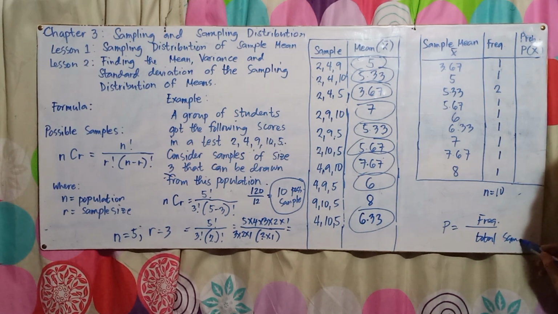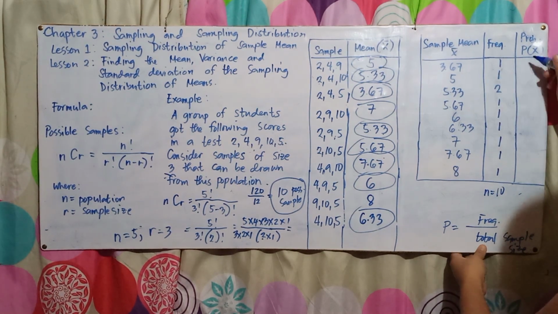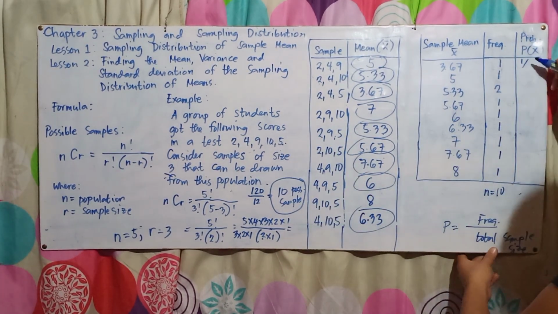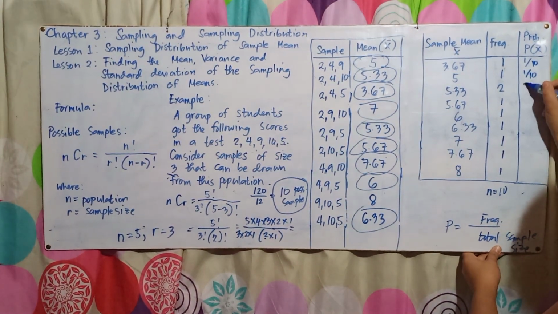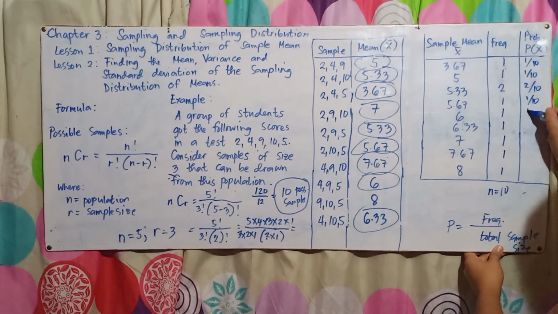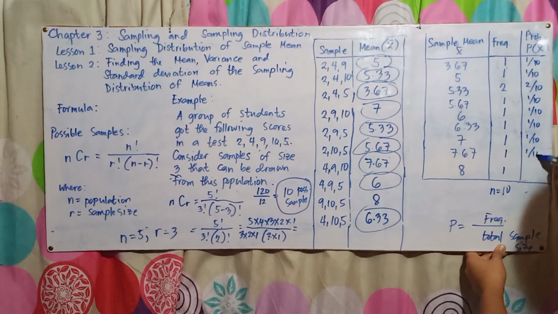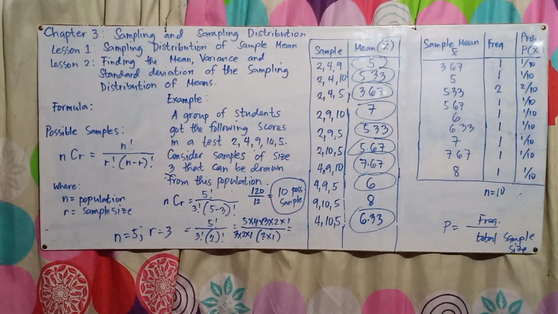The frequency for 3.67 is 1, so 1 over the total, which is 10. Here, 1 over 10 also. Here, 2 over 10. Here, 1 over 10, and the rest are 1 over 10. So that's all for lesson 1.